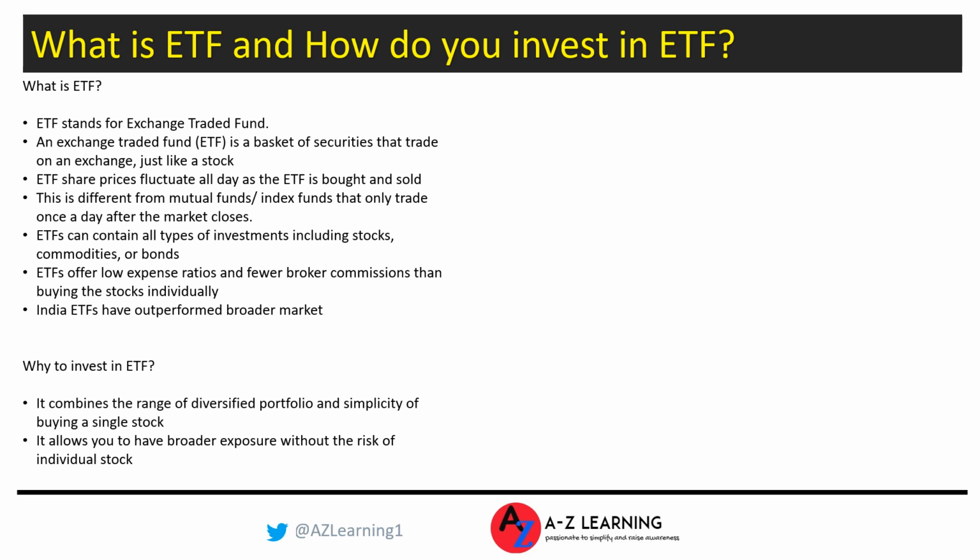So if you invest in the Nifty 50 ETF, you will get the benefit of the overall index going up. But if you go for an individual stock, that sector or stock may not perform as well. So that's the other advantage: you don't have the risk of an individual stock because your money is broadly invested.